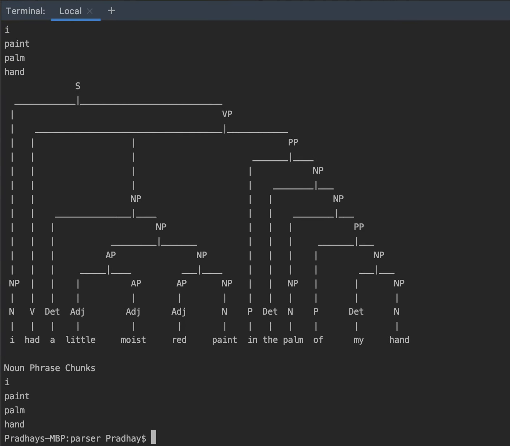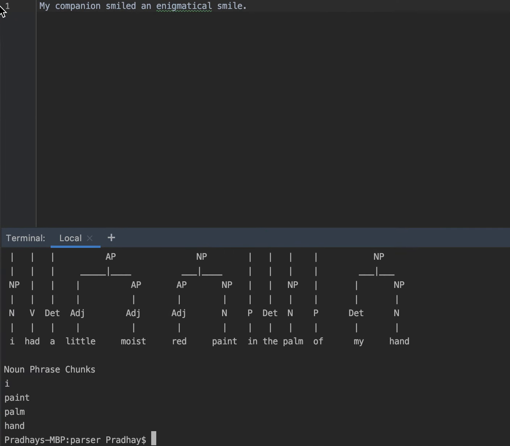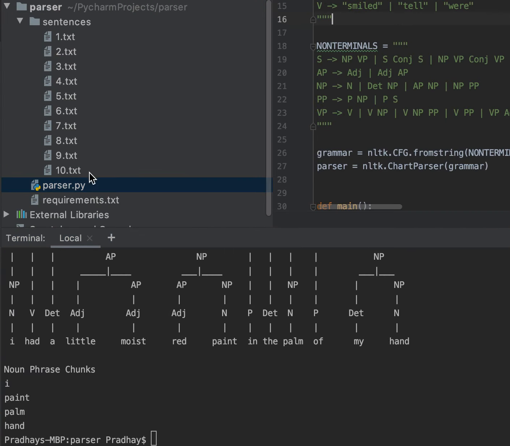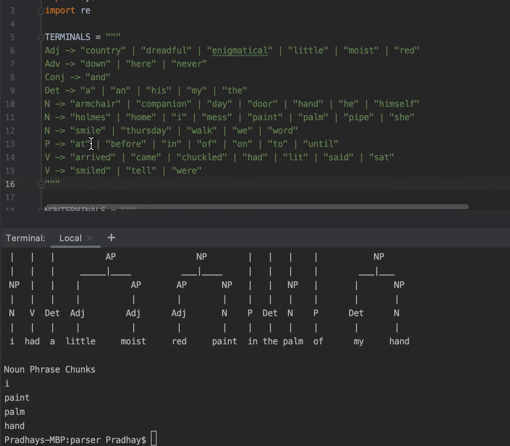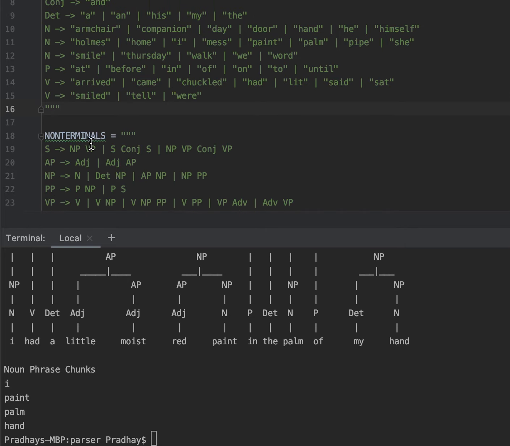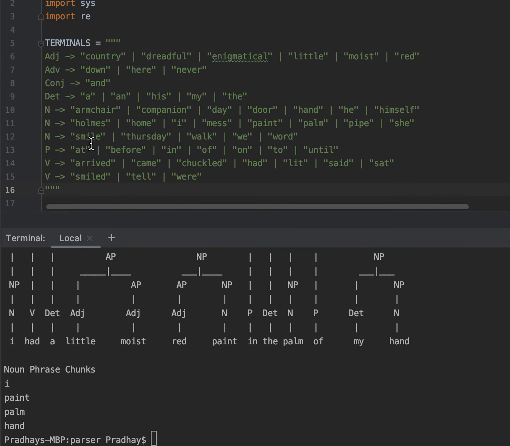One last thing that I'll show you is something in the actual parser.py. If we take a look at parser.py, we've defined some simple terminals and non-terminals. In essence, we have a set of rules for generating terminal symbols, and in this case it's the global variable called terminals.